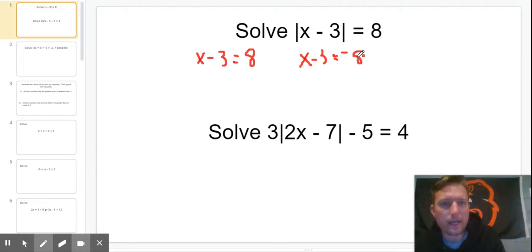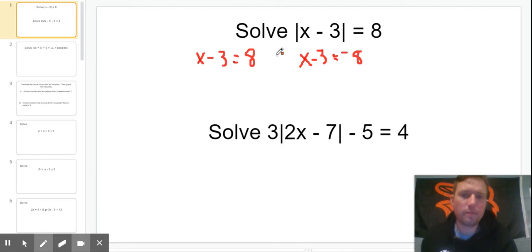And the reason why is because, again, absolute value has to do with how many steps away from 0 a number is. So if we look here, I'm going to add 3 to both sides, because negative 3 plus 3 cancels out, and I'm left with x equals 11.